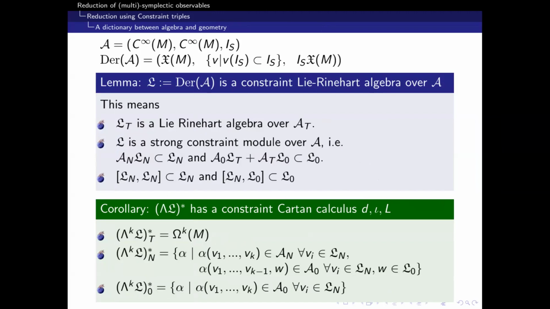So we have a constrained Cartan calculus where the total space will just be differential forms on the manifold. The normal space are those forms which, when we only put in vector fields which are tangent to S, give us something in AN.